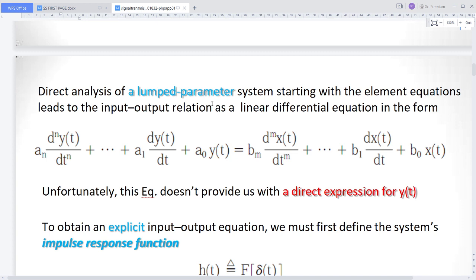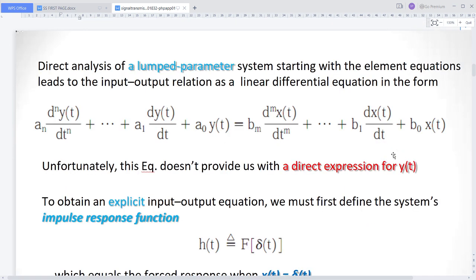So in the lumped parameter system analysis, we can have a linear differential equation, that is a_n d^n y of t by dt^n, like that. We know that first order and second order linear differential equations are also there.